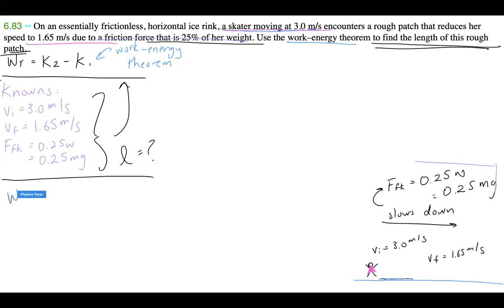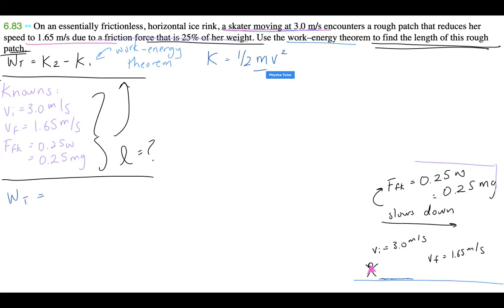Well, okay, so WT, let's start off just with this equation as is. So WT, which is the total work that's done on a particle, is equal to the change in kinetic energy. So what is the change in kinetic energy? Well, let's simplify this K to what we know, which is kinetic energy is equal to half of mv squared, right?